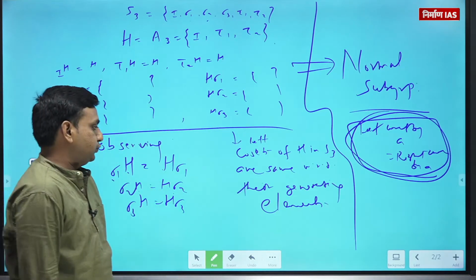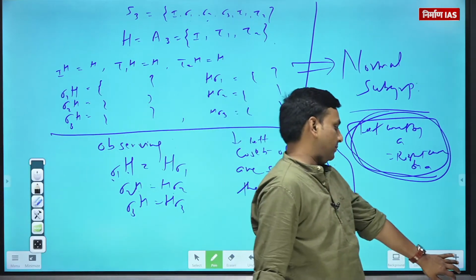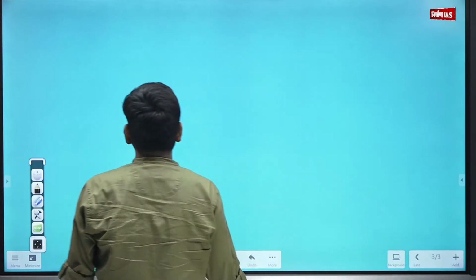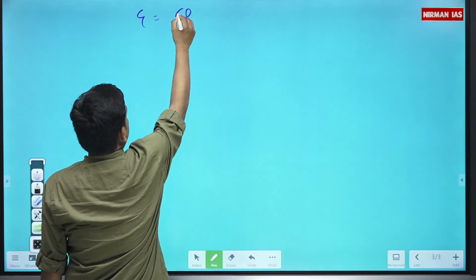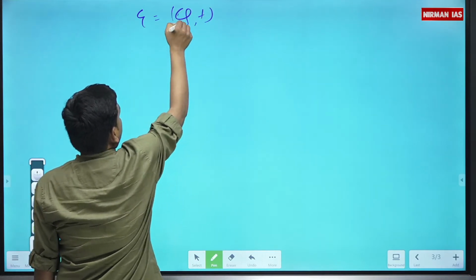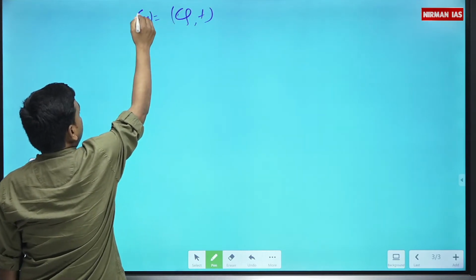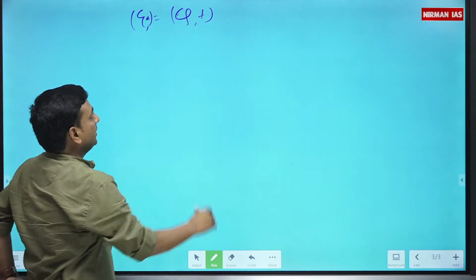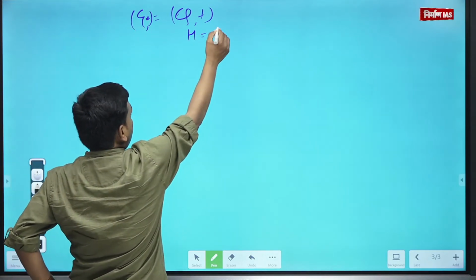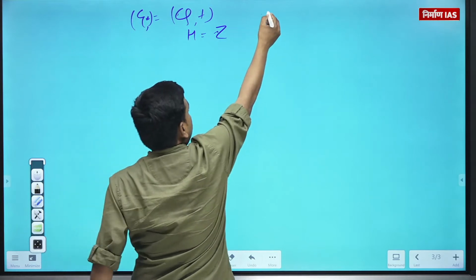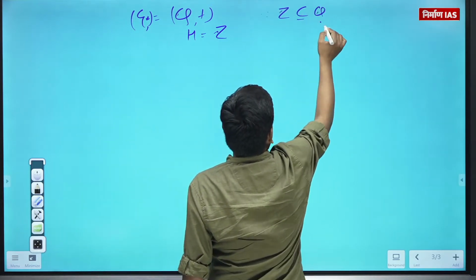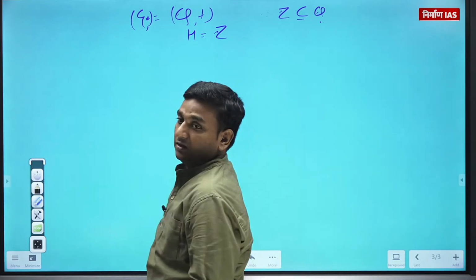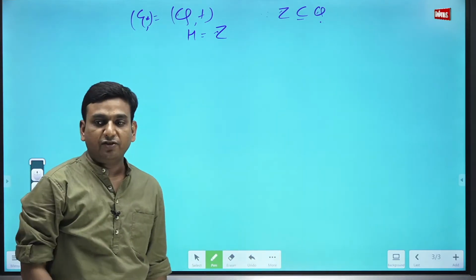Let's move to the other example. Let's take some infinite group. Let G equal Q with addition as the operation, this is my group, okay? And let H be the subgroup Z, since Z is a subset of Q, and Z with plus is also a group with respect to usual addition.